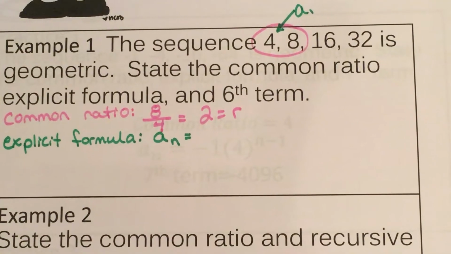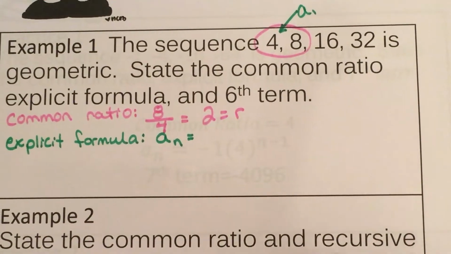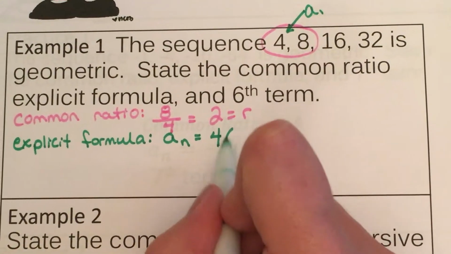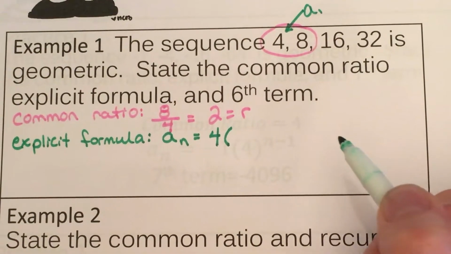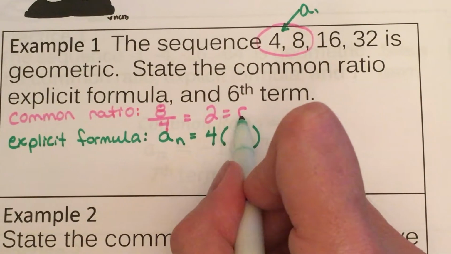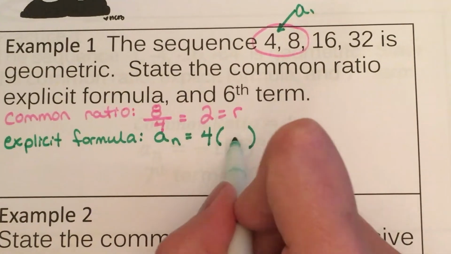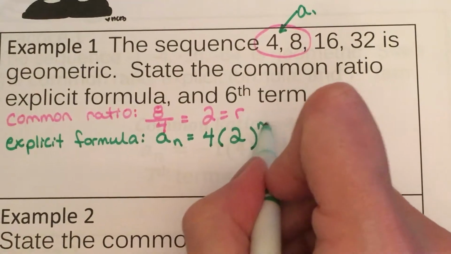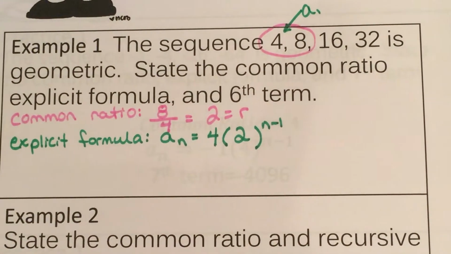That is equal to my first term, which happens to be 4, times my ratio, which is r of 2 to the power of n minus 1. Got it, done.